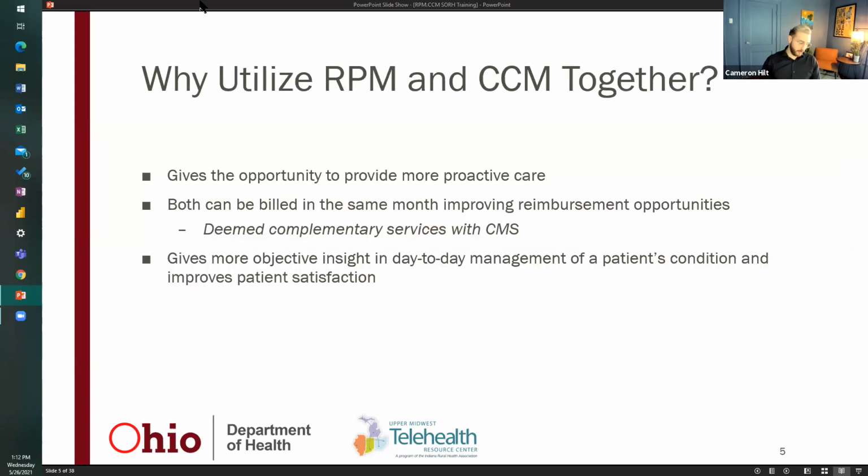And so, looking at some of those similarities and differences, why are these two services utilized together? Really, it gives you a more proactive approach to provide care for your patients.